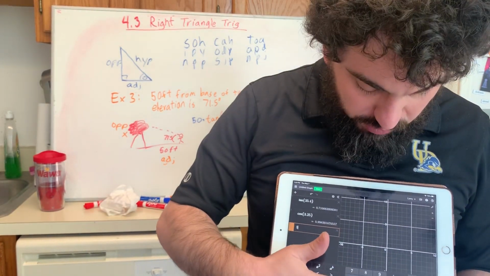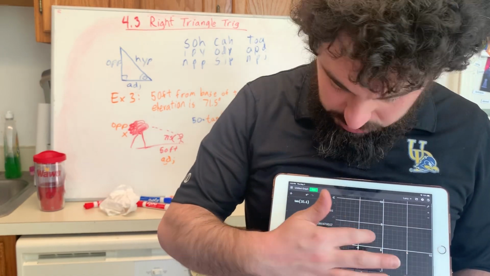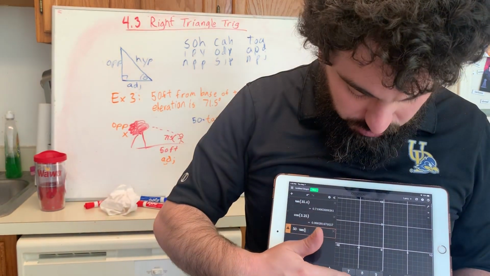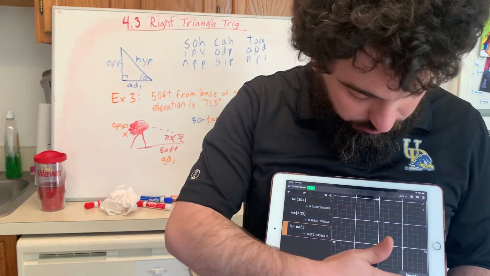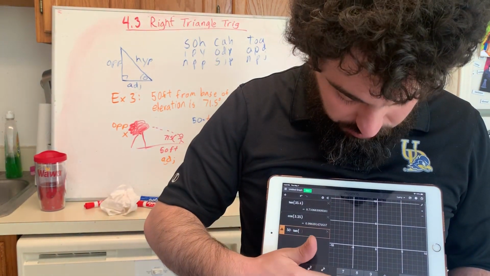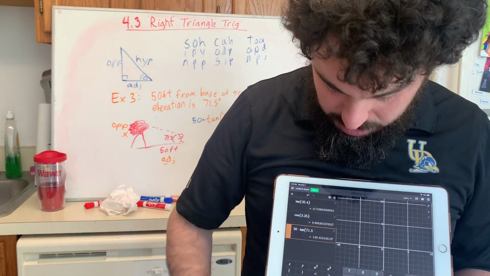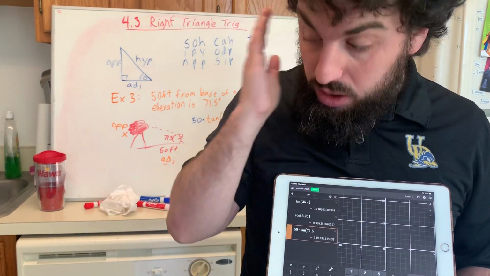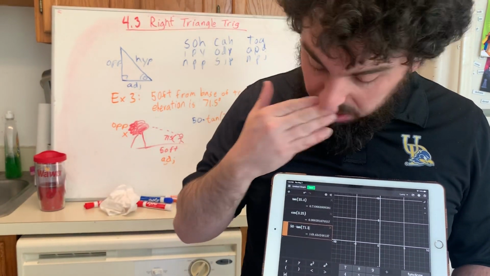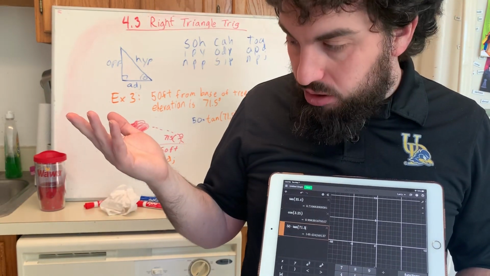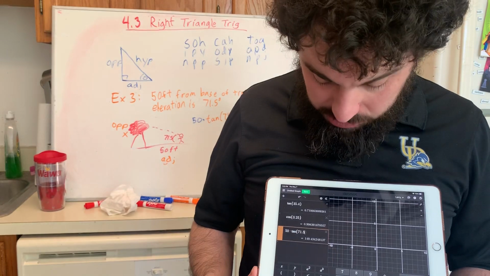So I need to do 50 times the function tangent of 71.5, not 1.5. I get that the tree is about 50 feet tall. I'm going to round it off at 2 decimal places because that seems accurate enough.